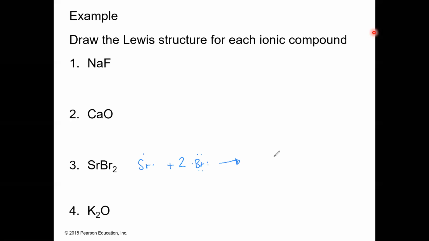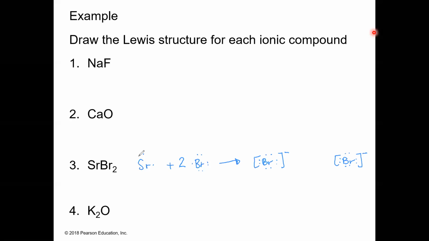So we will have each of our bromines achieving an octet after it gains one of those valence electrons from strontium. It's with the minus charge. So now strontium has lost one of its valence electrons, but it wants to lose both valence electrons. So we need another bromine, which gains one valence electron in order to achieve an octet.